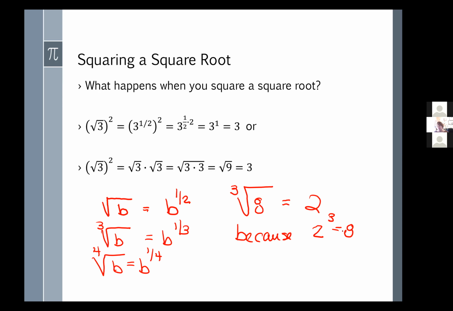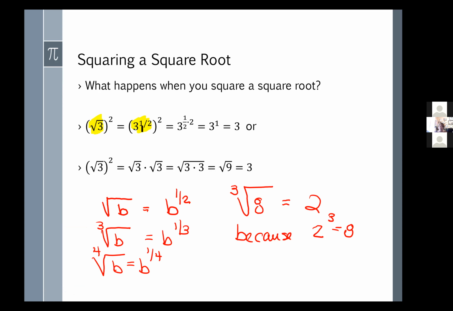So what happens when you square a square root? So let's take the square root of 3 and let's square that. Well, by definition, the square root of 3 is exactly the same thing as 3 to the 1/2 power. They're exactly the same number by definition, by law.